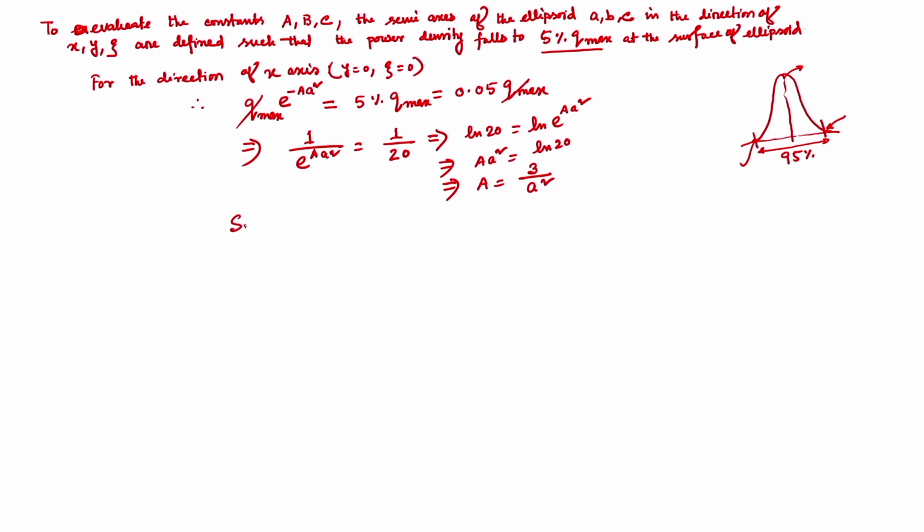Similarly, along the y axis, capital B is equal to 3 by b square, and along the zeta axis, C will give you 3 by c square. This you should keep in mind.